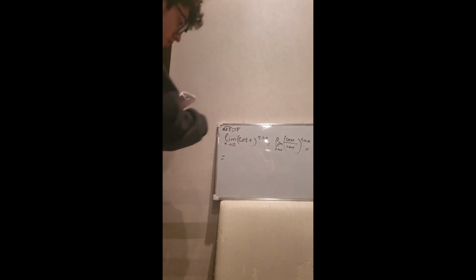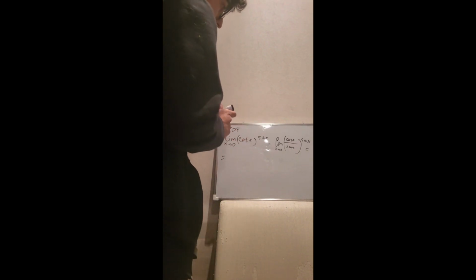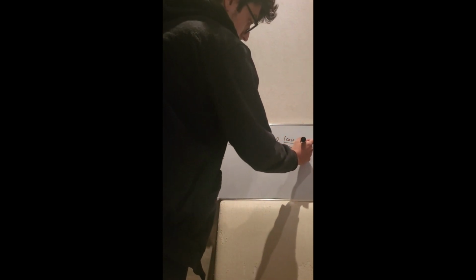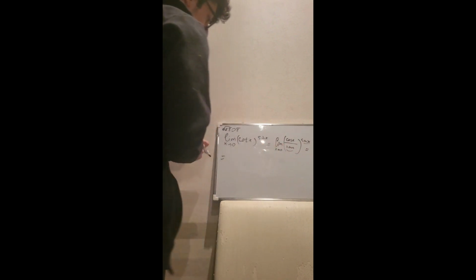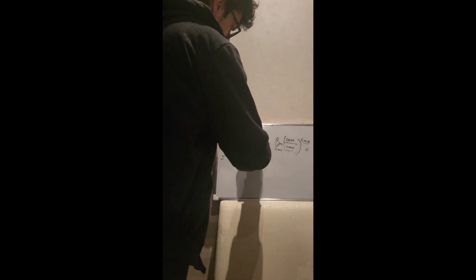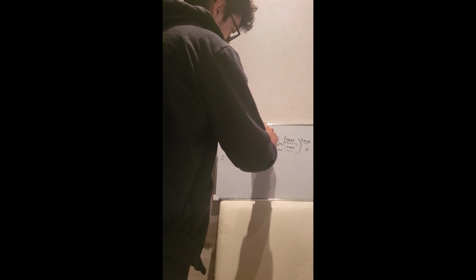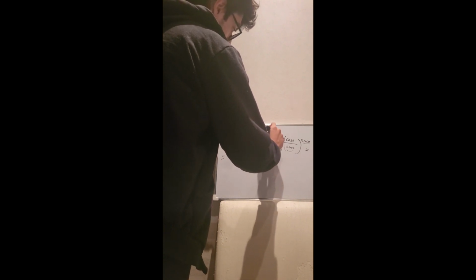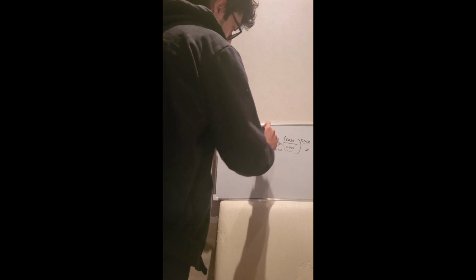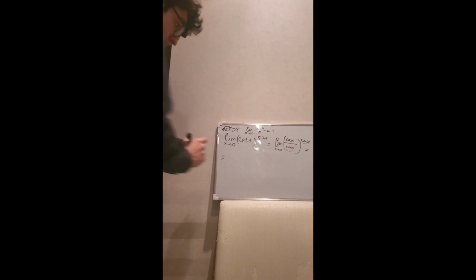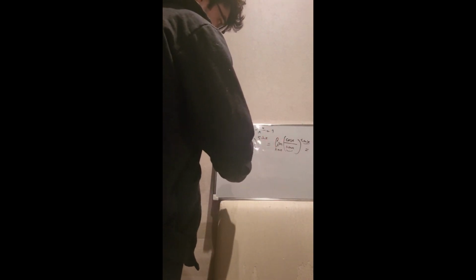So now what we can do, as we see, here is sine and here is also sine. So we can use the formula limit x approaching 0 of sine x over x is going to be 1. So let's make it. We will make grouping.